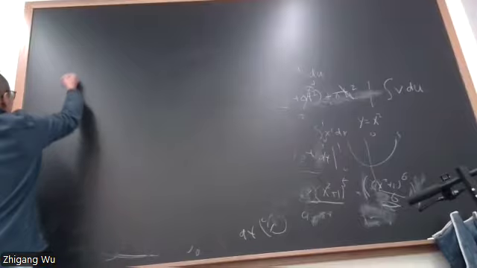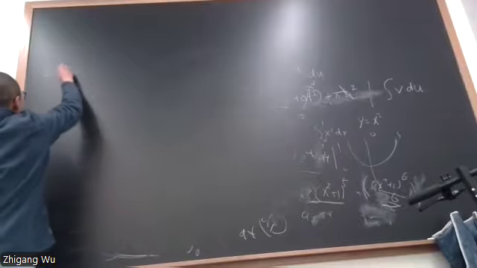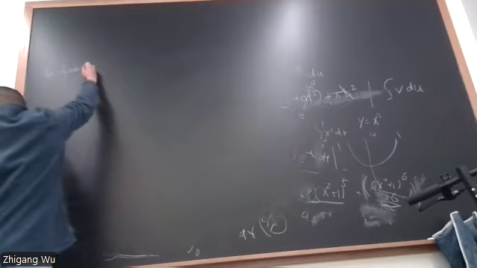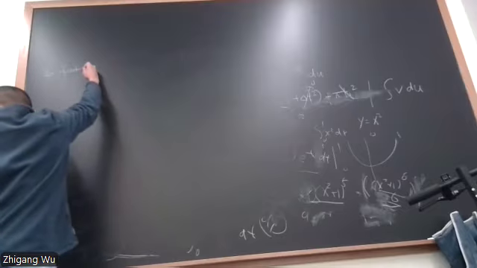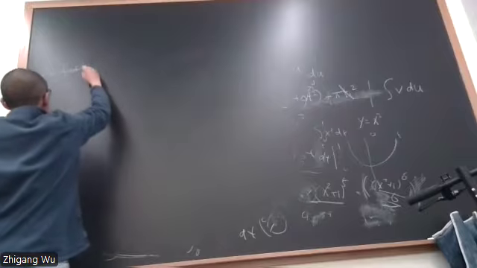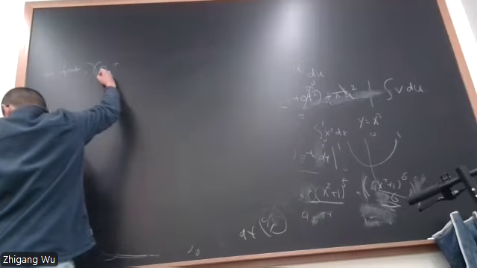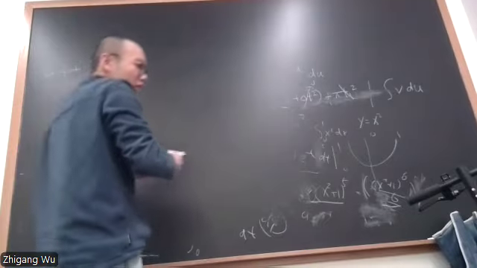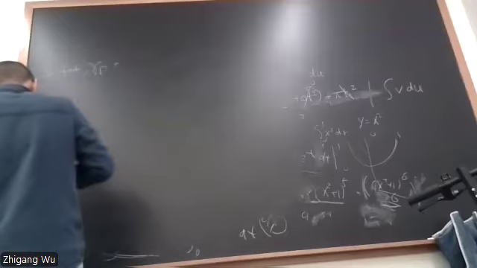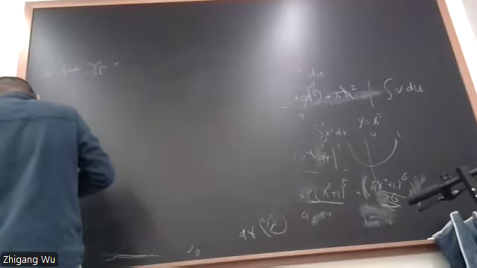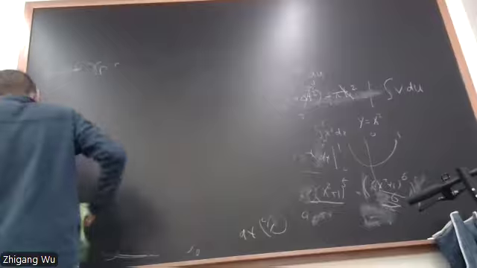So in fact, we have that this gamma, oh sorry, it should be the universal covering map.